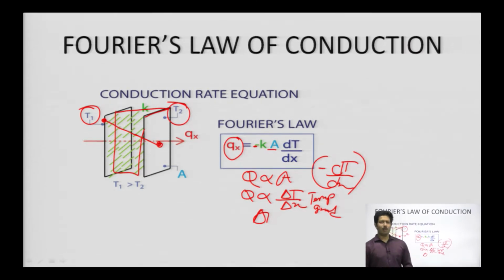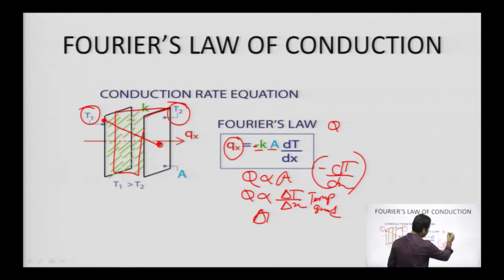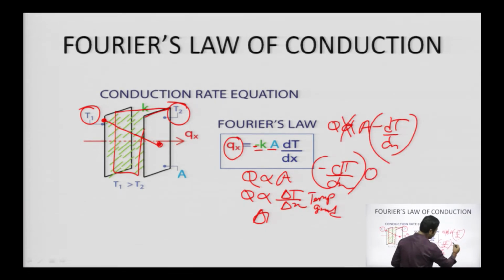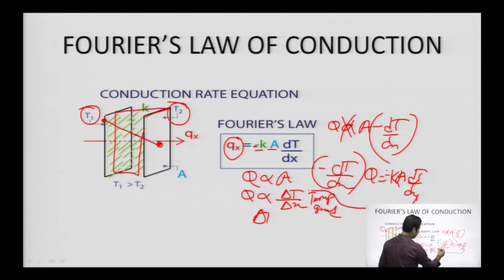Okay. So now what about this? Now if you remove this thing, it is like minus dT by dx. Now if you remove this constant of proportionality, you get something like this. So this is what has been referred to here. So this K is thermal conductivity, as I have discussed in the previous video.